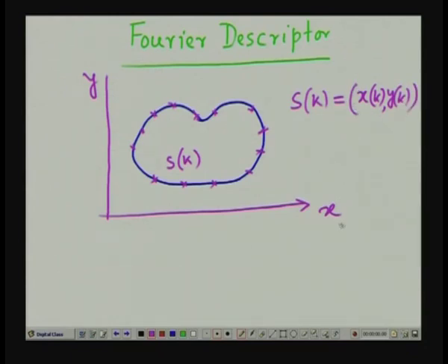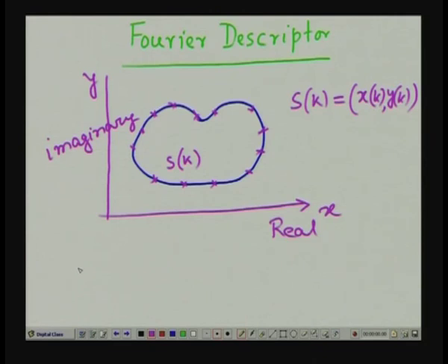Now, if I assume the x axis to be a real axis and the y axis to be the imaginary axis, I am interpreting the x axis as the real axis and the y axis as the imaginary axis.